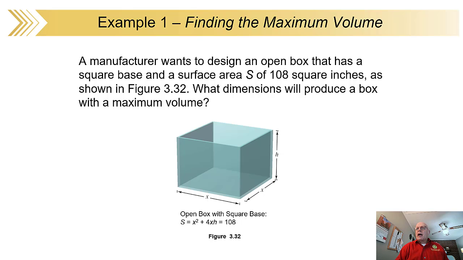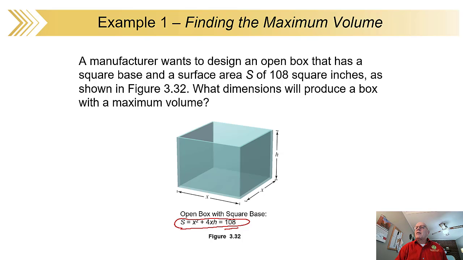So, at the bottom here, open box with a square base. And we already said we wanted to use 108 square inches of our cardboard or whatever you're thinking about. X squared, where does that come from? Well, that is the bottom of the box. Since it's square, we'll call that length of each side x.